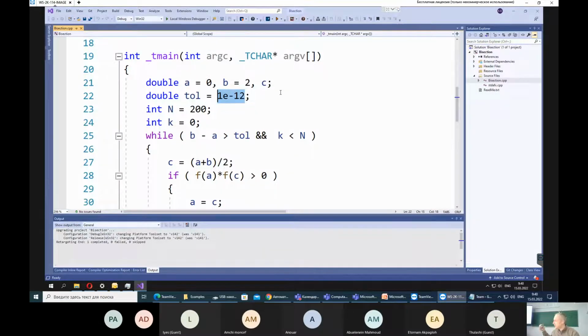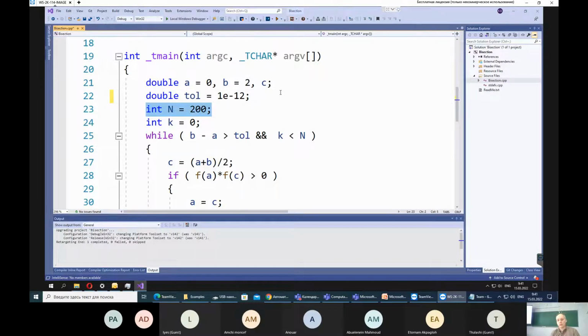Here 10 power minus 12. If I write 1e minus 12, it means 10 power minus 12. For example, 1.1e minus 12 means 1.1 times 10 power minus 12. So the tolerance is very small, 10 power minus 12.